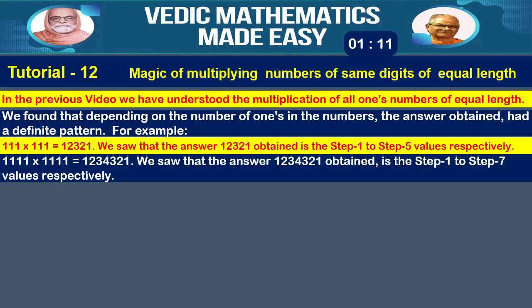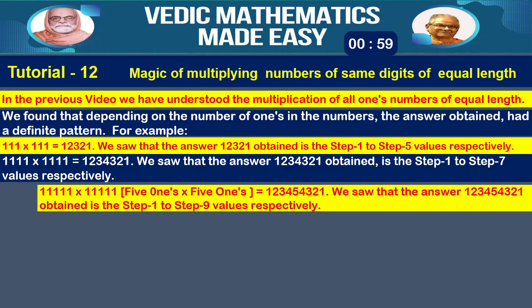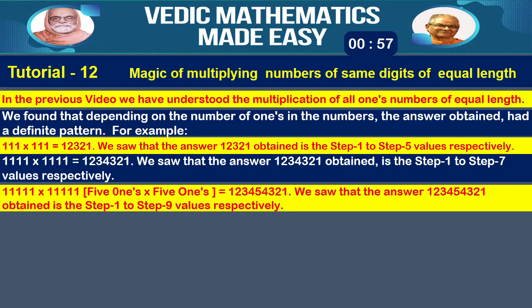In this answer too, each digit in the number represents step 1 to step 7 values. Further, 5 ones into 5 ones is equal to 1, 2, 3, 4, 5, 4, 3, 2, 1. In this answer too, the digits represent step 1 to step 9 values.